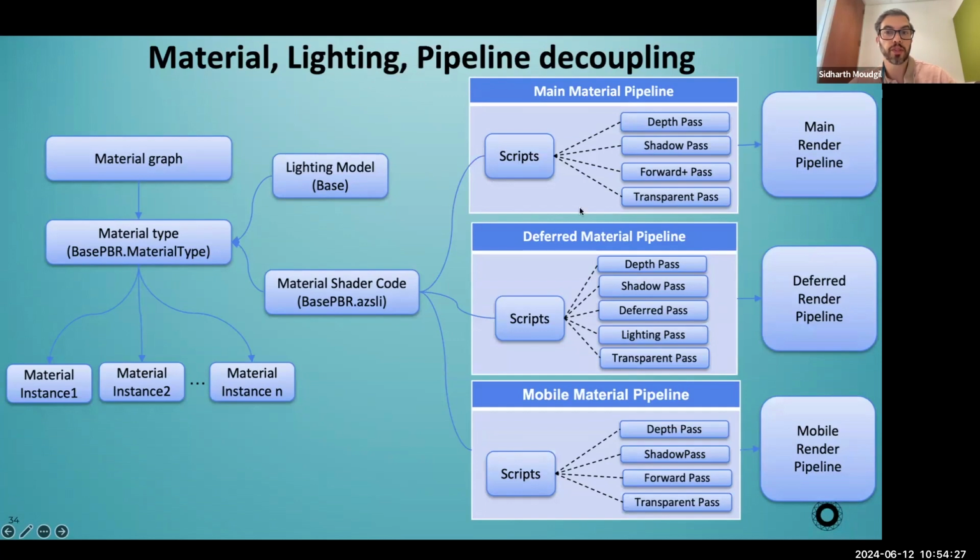If you just want to add a new material pipeline, you should in theory just have to update the base PBR.AZSLI, add the information, the new scripts, the new shaders, and you have a new material pipeline. This is really cool if you are evaluating this renderer for your game and you have a very specific game use case. You can easily update the renderer for your use case.